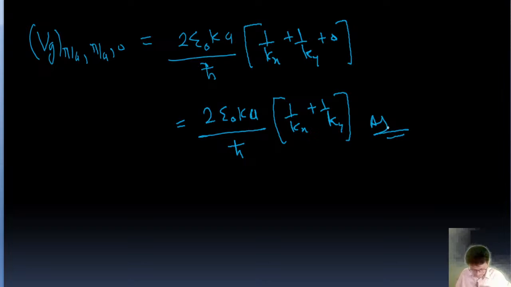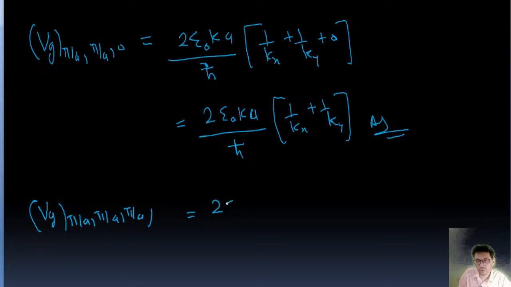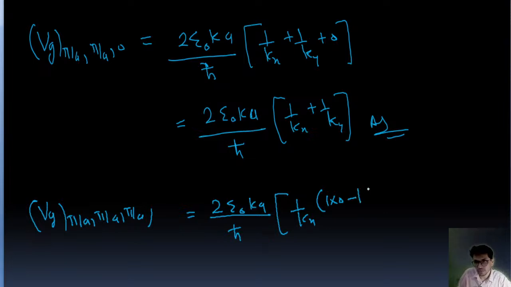Okay, guys. Next question. So if you have to find the velocity at (π/a, π/a, π/a), this value is going to be ε0 ka upon h-cut, and 1 upon kx into (1 into 0 minus 1 into 1), this minus we have taken from, plus 1 upon ky into (1 into 0 plus 1 into 1), plus 1 upon kz.